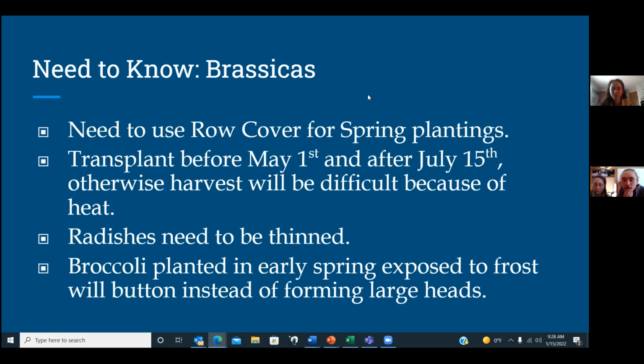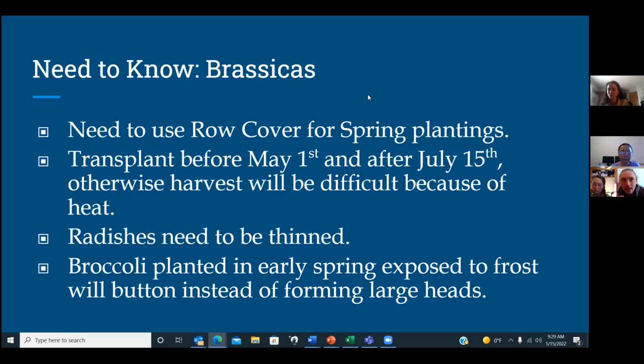May, do you want to take it? Yeah, sure, you can go ahead. Okay, well, add anything if I miss it. So for row cover, I think we do have some in the farm store that's available to purchase for the season. I think the specific type that we have is the Agribon brand.